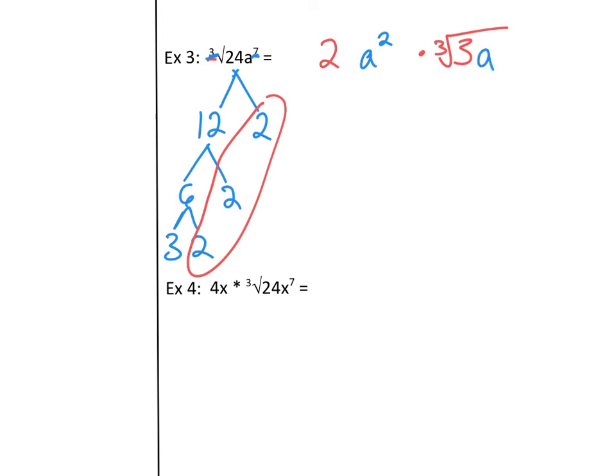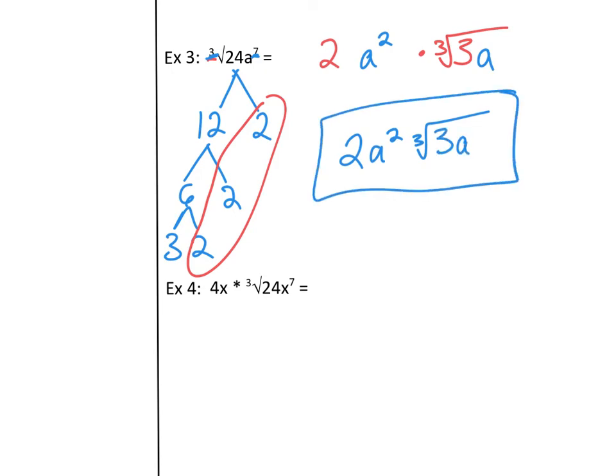Because there were 7 a's, 2 groups of 3, and then 1 left over. Okay? This just simplifies down to 2a squared cubed root of 3a. Raise your hand if you got that one. Some of us, good deal. If you didn't get that one, make sure you realize what you did.